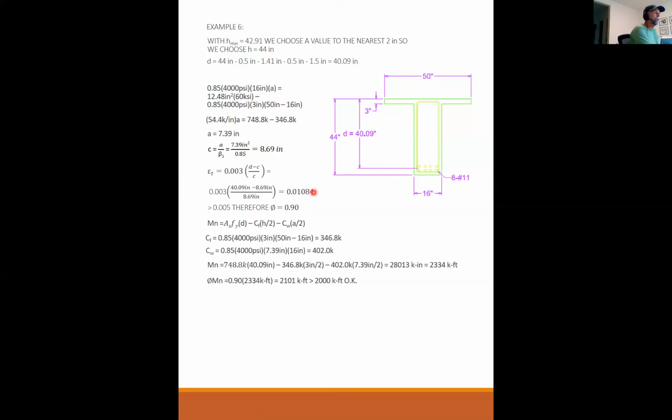And if I said, oh, that doesn't work, okay, let's try 42, which would make the total depth 46, and then run it down to this point again. You see what I'm saying? There's layer upon layer of iteration. But what I'm saying is that was our target to get these numbers. Once we get these numbers, I'm perfectly fine with this being our end strain in the steel.